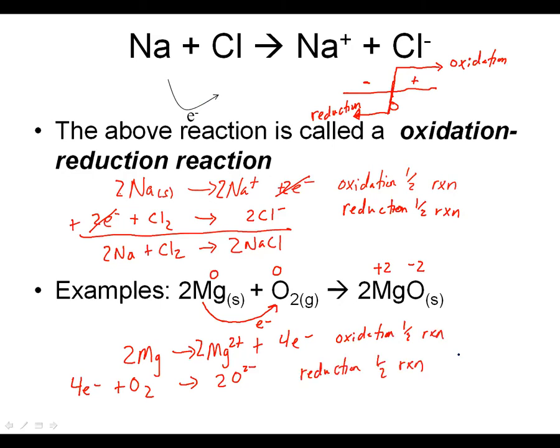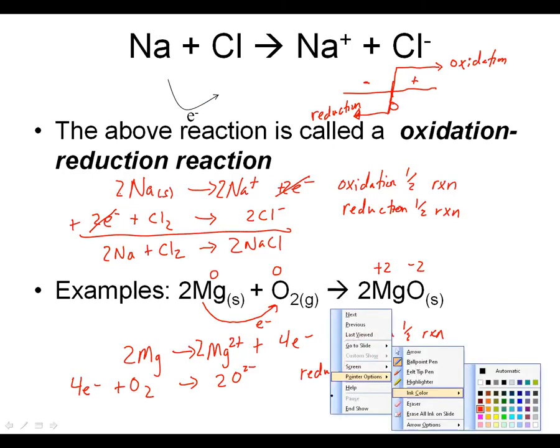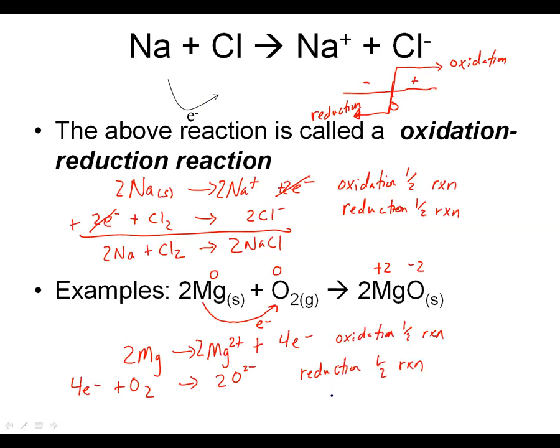In the half reactions, we do see the electrons always on the product side. We have our electrons on the product side, which is how we know it's an oxidation, as opposed to over here, where our electrons will be on the reactant side, and that's how we can tell it's a reduction.